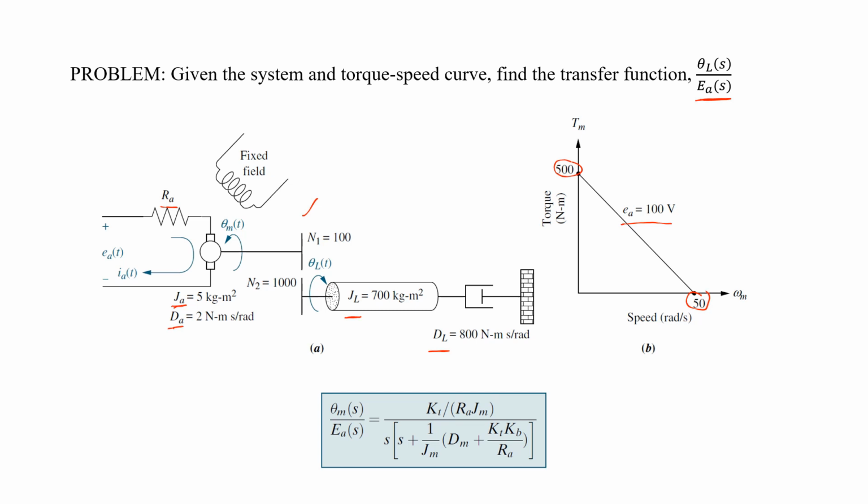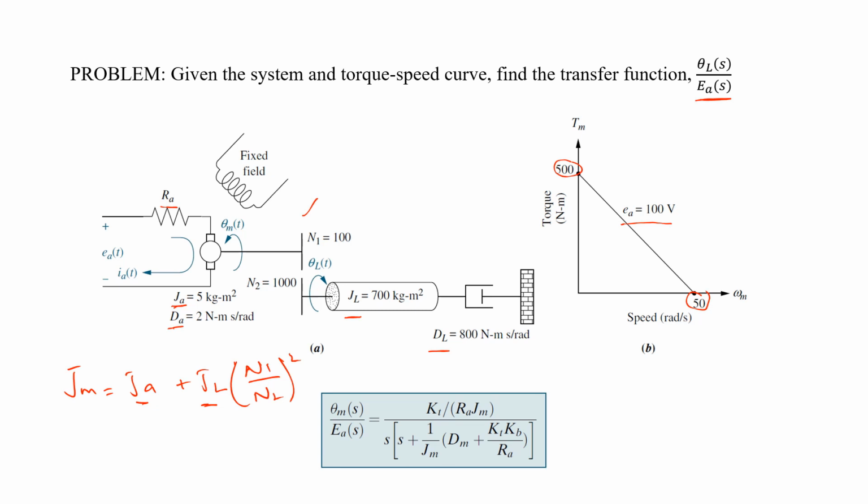We have already seen that Jm equals Ja plus Jl into N1 divided by N2 whole square. So we will just put the values of Ja, Jl, N1 and N2 here.